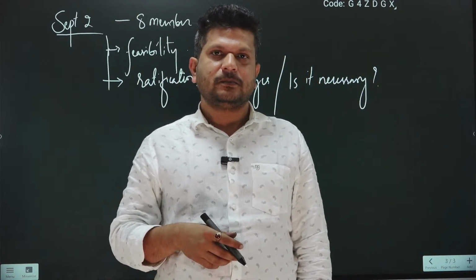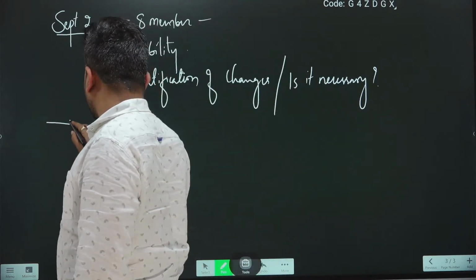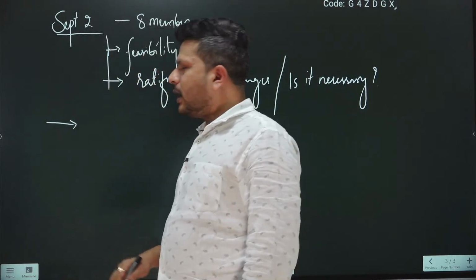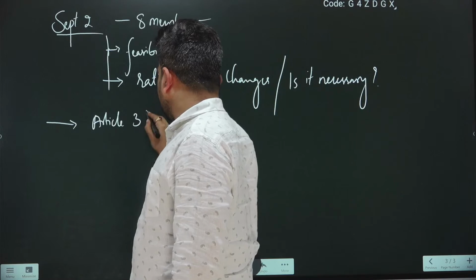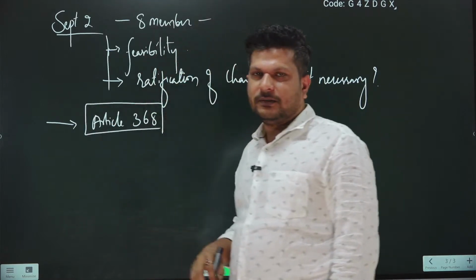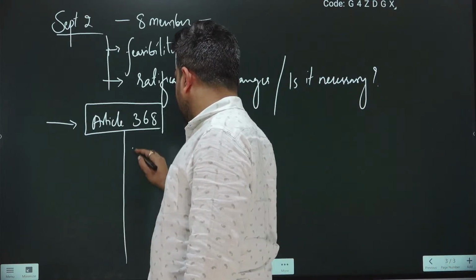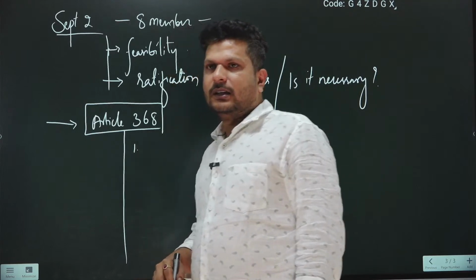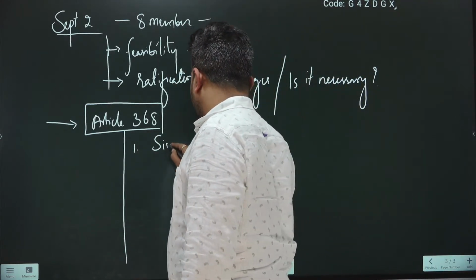Whenever there are changes to be made in the constitution, usually we talk about Article 368. Article 368 makes provisions with respect to amendment of the constitution. Here we find there are three types of changes. Number one, the amendments that can be made in the constitution by simple majority.